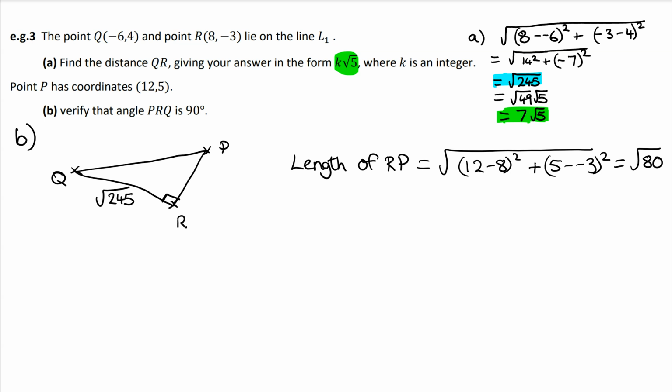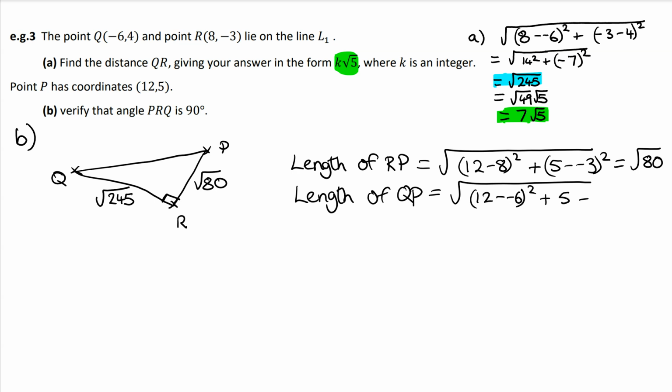We just get the square root of 80, so I'm going to put that on here. And then I'm also going to find the length of QP. So, yet again, use your formula, and I will skip a couple of steps here just for time's sake so I don't overrun too much on this video. I get square root of 325.